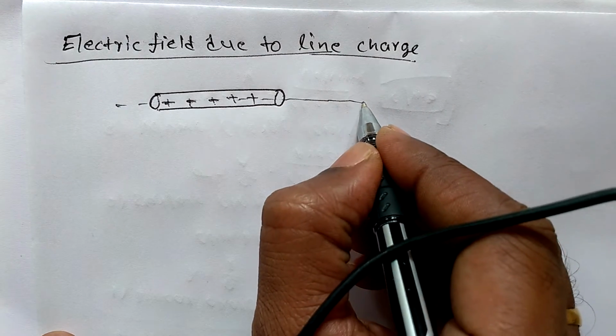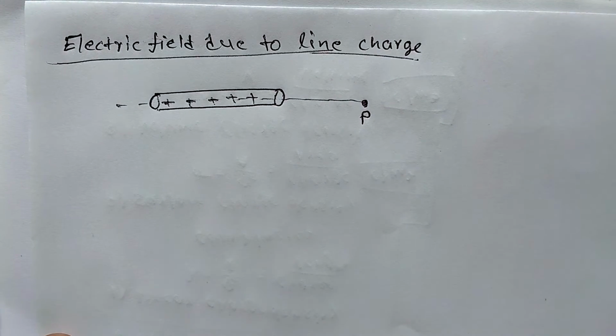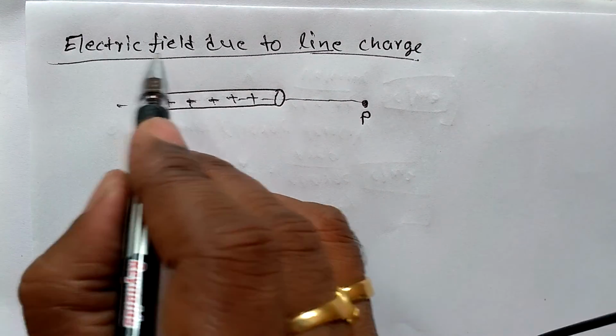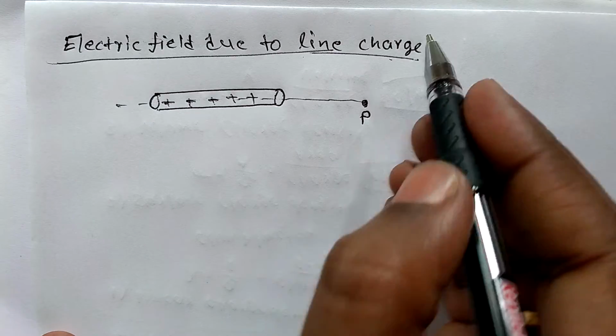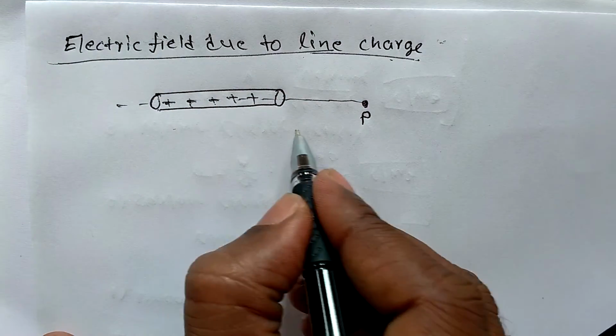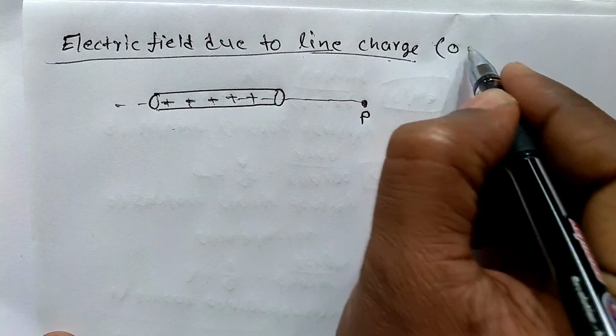On the axis of the line charge, I have taken one point P. At this point P, what is the electric field intensity? Now our topic is electric field due to the line charge, a finite length charge, and we are finding the field intensity on the axis.